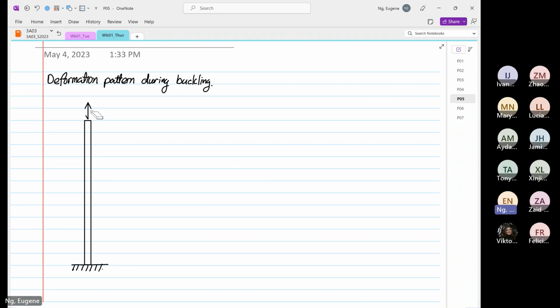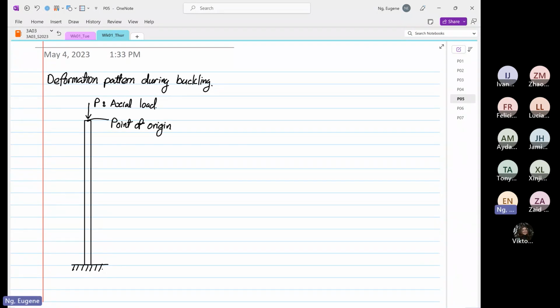Hey, how come it's going up? We're going to apply a load, and the load P is our axial load. Okay, and then over here at the top, this is our point of origin.